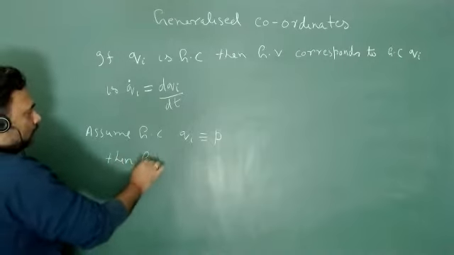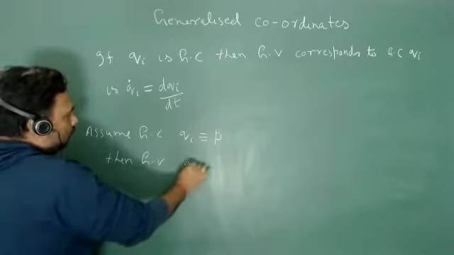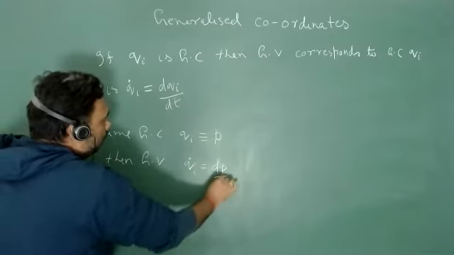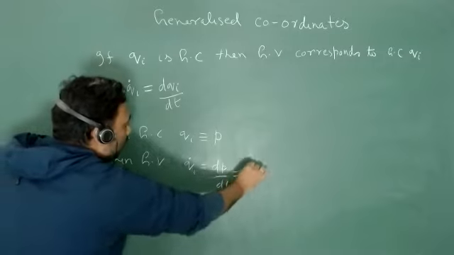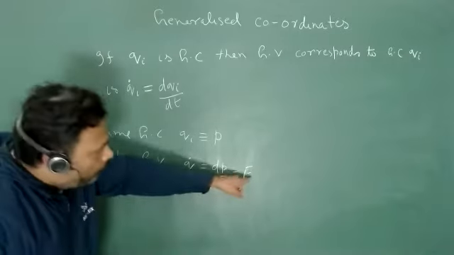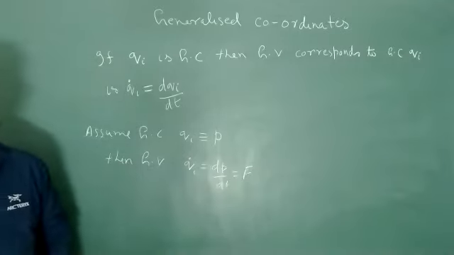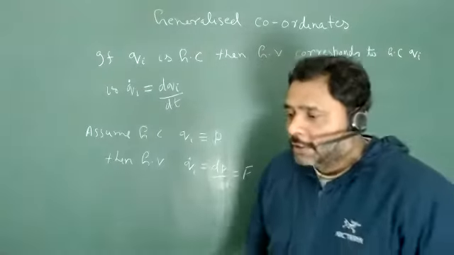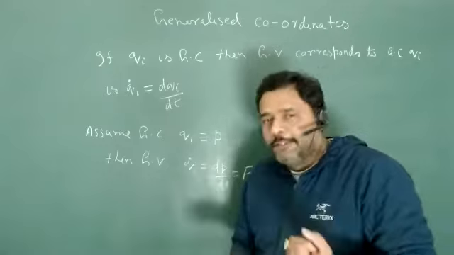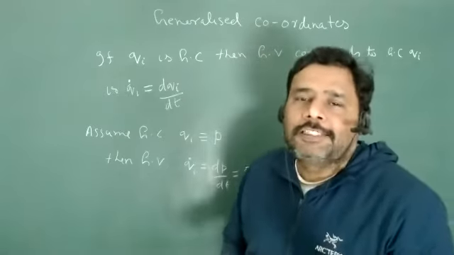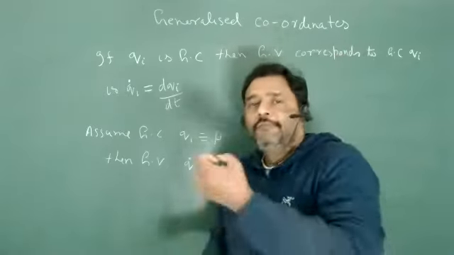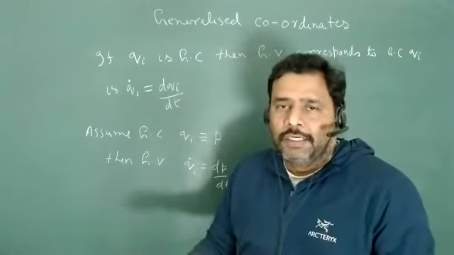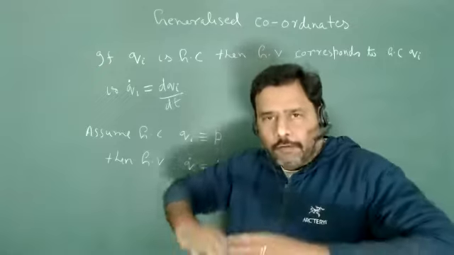Generalized velocity is nothing but qi dot, which is dp upon dt. Then I will identify force as my generalized velocity, because the rate of change of momentum is nothing but force. So you will assume your momentum as your generalized coordinate, and then your force is identified as your generalized velocity.